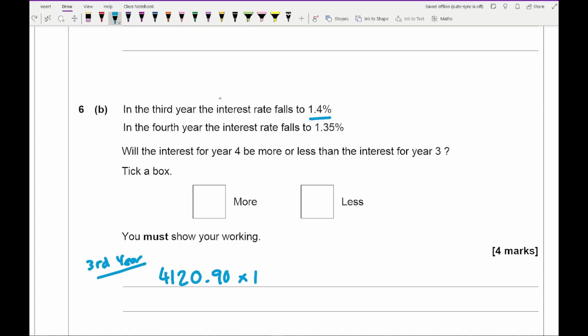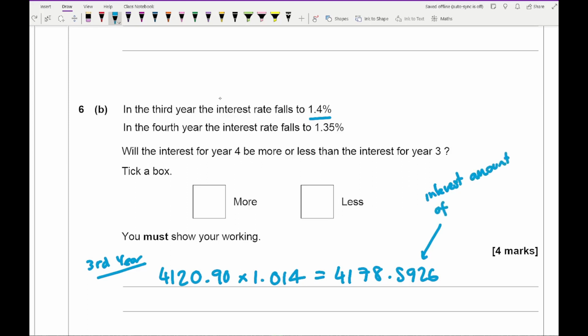So 4120.9 times 1.014 gives me 4178.5926, which is what we want to work out.